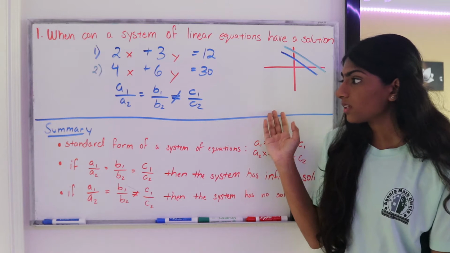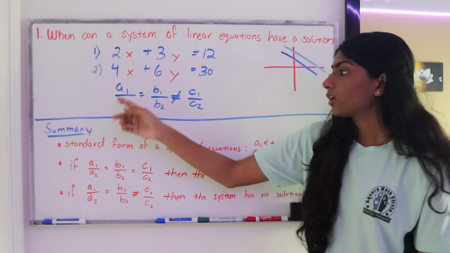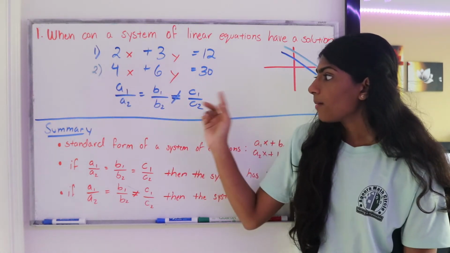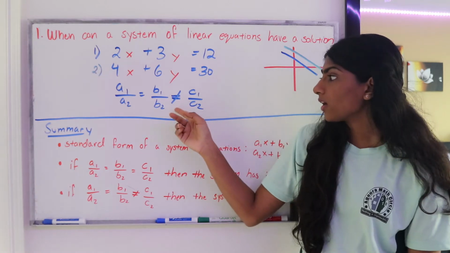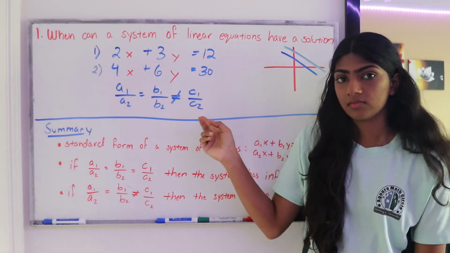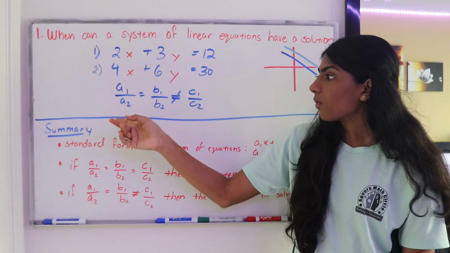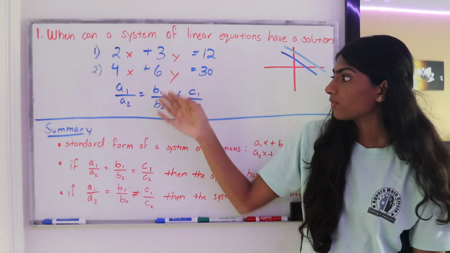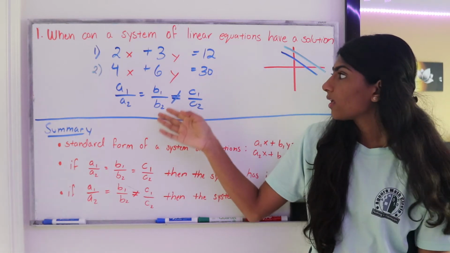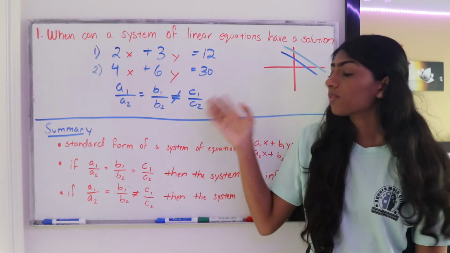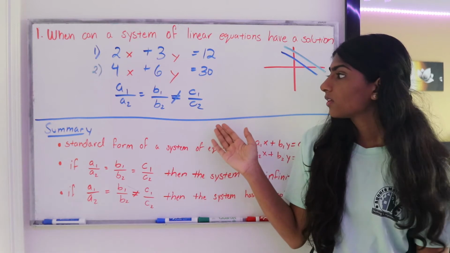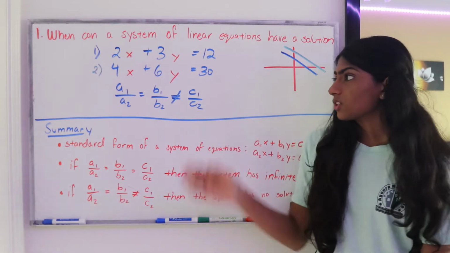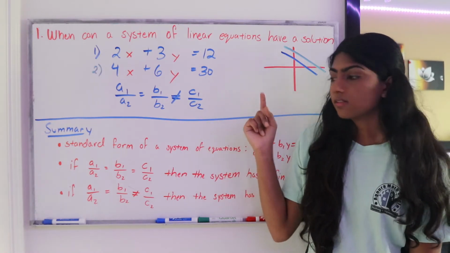A way we can check this is by putting the coefficients over each other again, but this time having it not equal to c1 over c2. So let's try. 2 over 4, or a1 over a2, is equal to 1/2. Then 3 over 6 is equal to 1/2. But 12 over 30 is not equal to 1/2. So that shows that there are no solutions to this system.